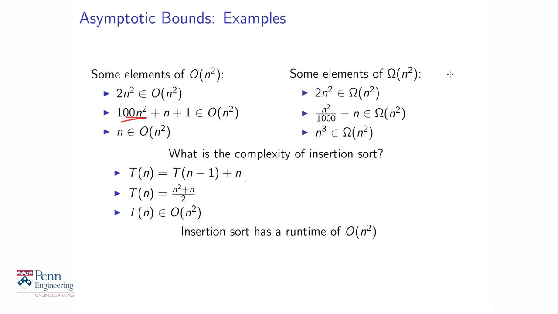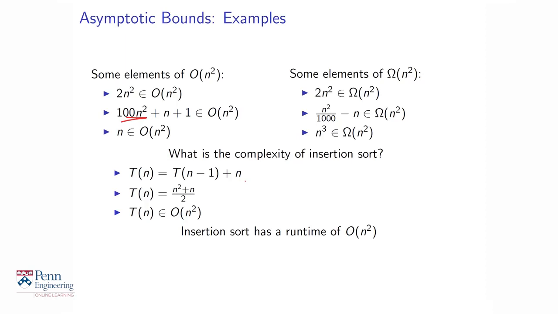Now looking on the other side, the lower bounds, 2n squared grows exactly as fast as n squared up to the constant 2, so we will say it's an omega of n squared. And this other function, n squared over 1,000 minus n, is also an omega of n squared, and n cubed is an omega of n squared.